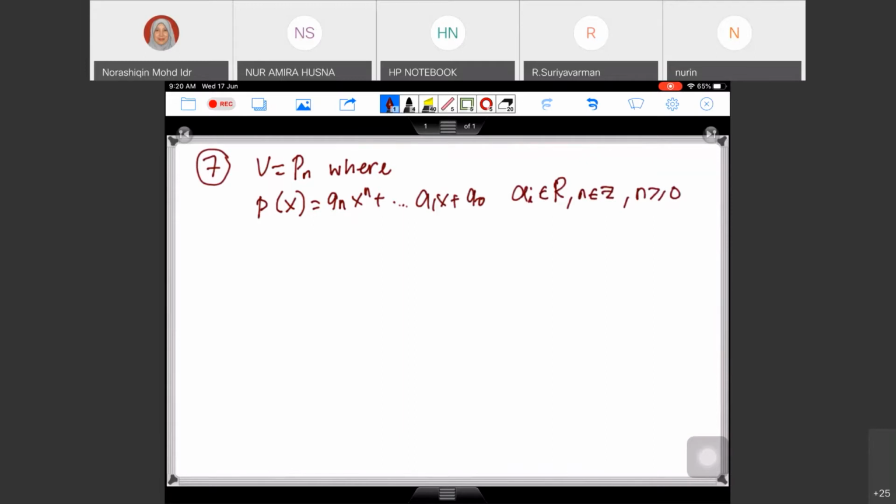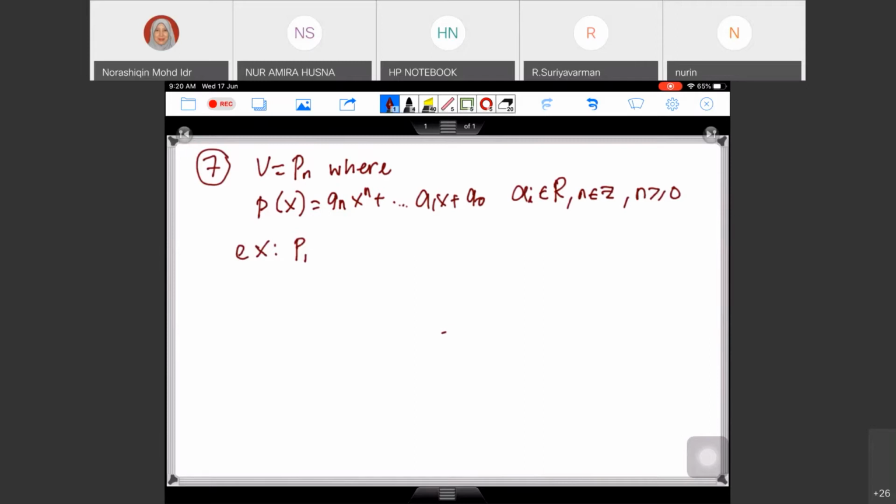Okay, example of P1, degree 1. Excuse me, doctor. Sorry to interrupt. The thing that I don't understand over here is that n can be equal to 0. Shouldn't n be more than 0, right? It should be 1 or 2. And it can be equal to 0.